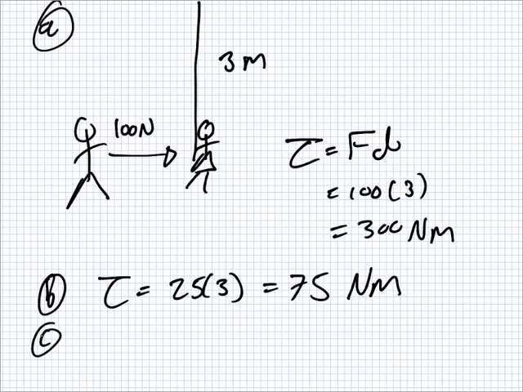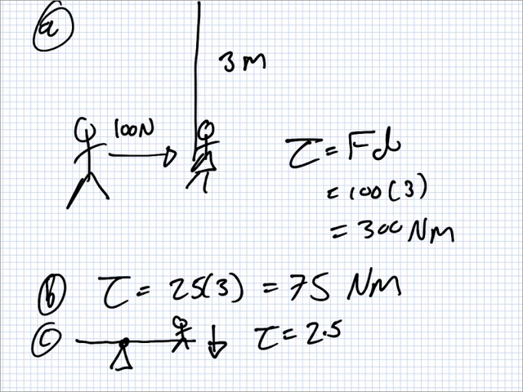The girl sits at the end of a seesaw, which is 5 meters long. What is the turning force she's providing? So she's sitting at the end of this. So what force is she providing? It's her weight. So the turning force, what's the distance? It's 2.5, because it's a seesaw.